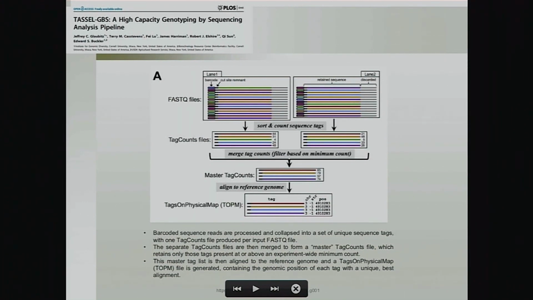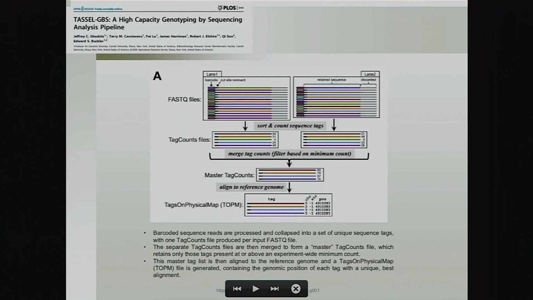Okay? Then, after we get the sequence, we will have a bunch, actually more than 500,000, sometimes close to 1 million sequences. Then you will see that you have the barcode, you have the restriction site, and here is the sequence of the piece of DNA, okay?